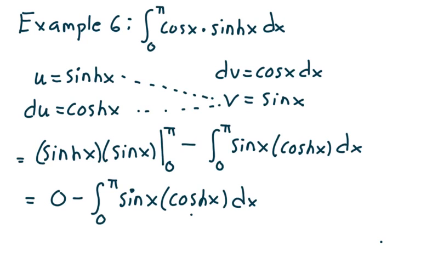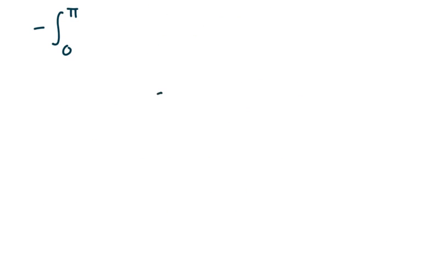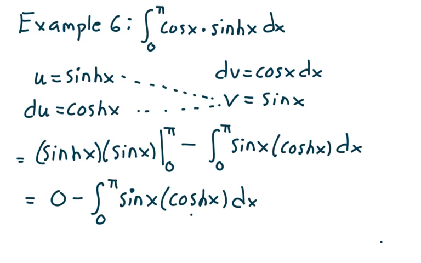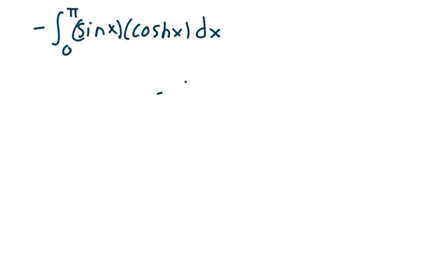So we're going to look at negative the integral from 0 to pi of sine of x times hyperbolic cosine x dx. And so again, let's remind ourselves, we're going to differentiate the hyperbolic.